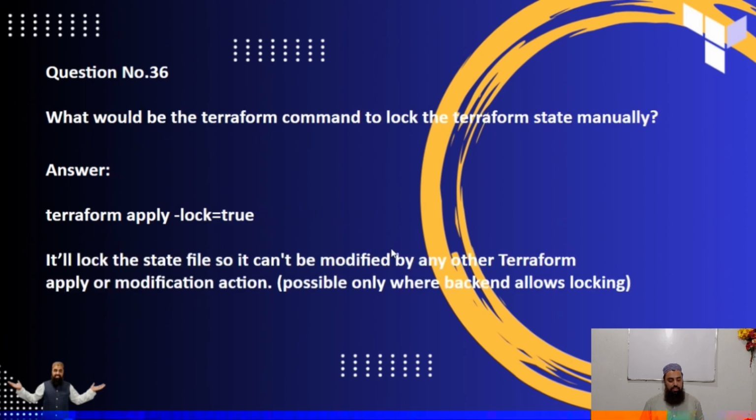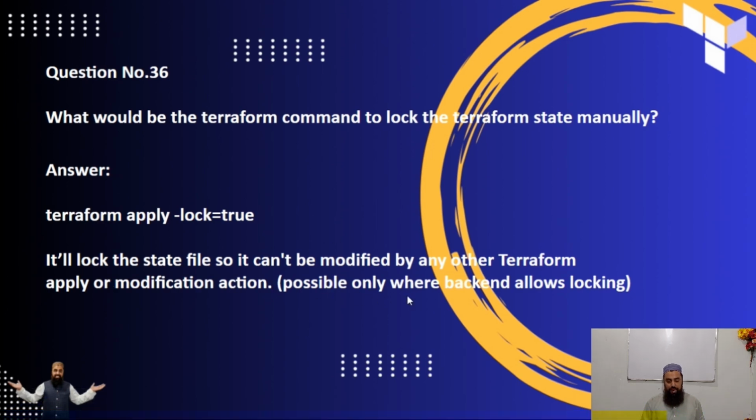Okay. Question number 36. What would be the Terraform command to lock the Terraform state manually? By the way, it is actually done automatically, but if I want to lock the state file, then this is the command: terraform apply lock is equal to true, and it will lock the state file, so it cannot be modified by other Terraform apply or modification action.